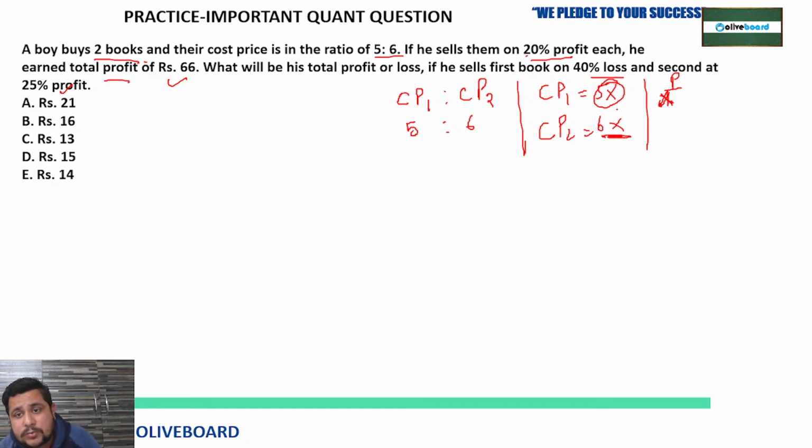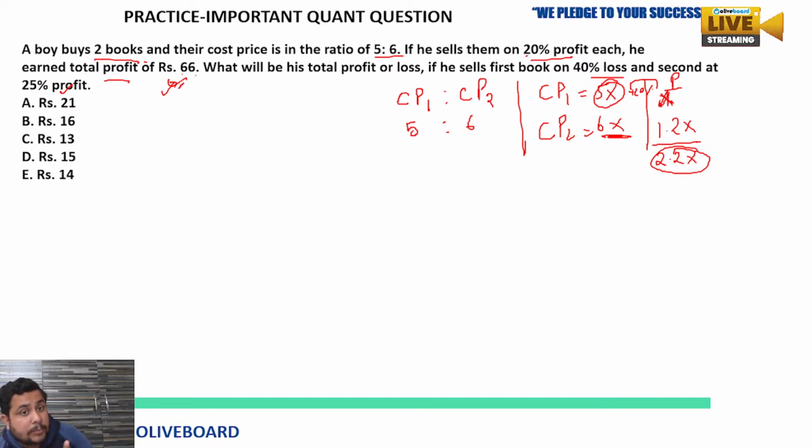So on 6x, 10% will be 0.6x, and 20% will be double of that, means 1.2x. So total profit will be 2.2x. Why have I calculated this? Because they have given that he earned a total profit of 66 rupees. So 2.2x is the total profit, so 2.2x equal to 66.